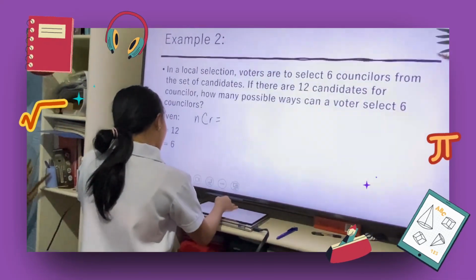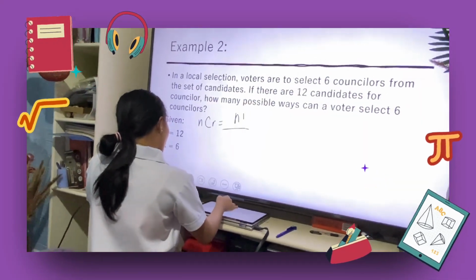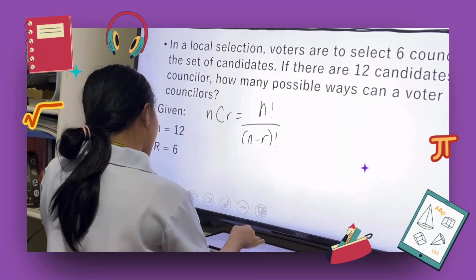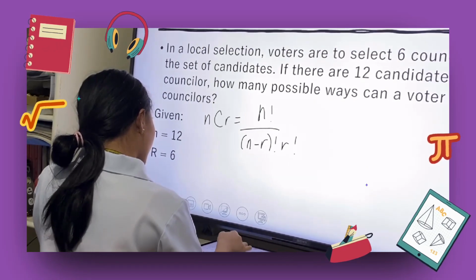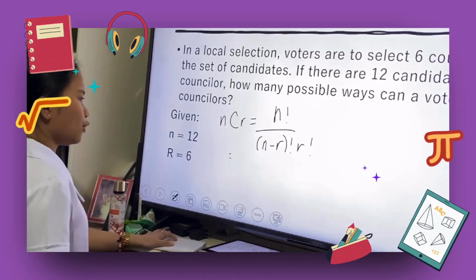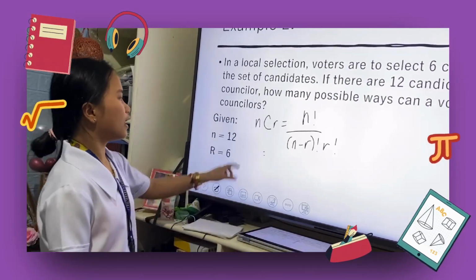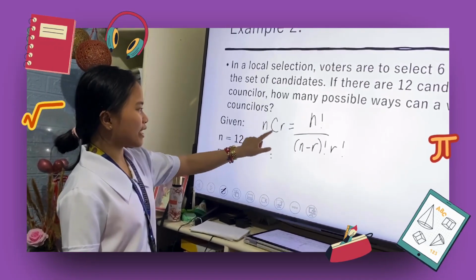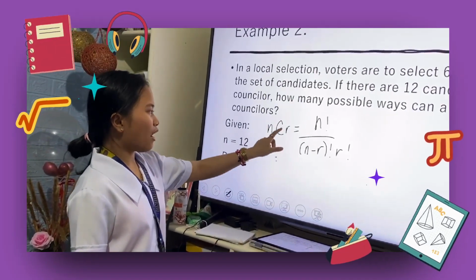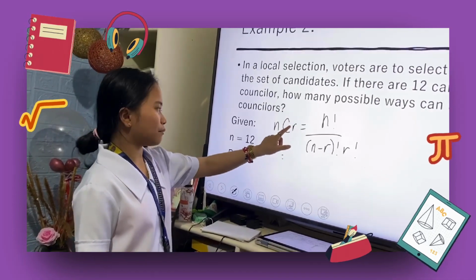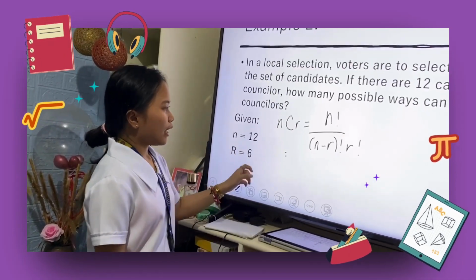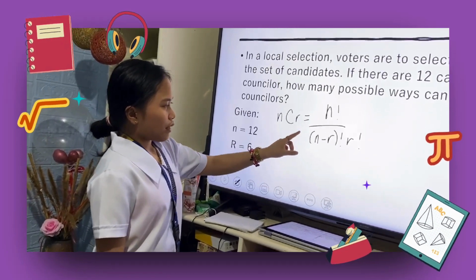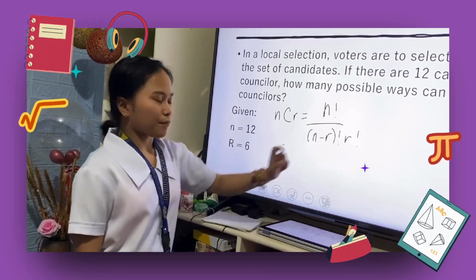nCr is equal to n factorial over quantity of n minus r factorial times r factorial. So it's basically the same, but the n is the first one here, and then the c is here, but the r is still the last letter. And another thing is the r changed from left to right.